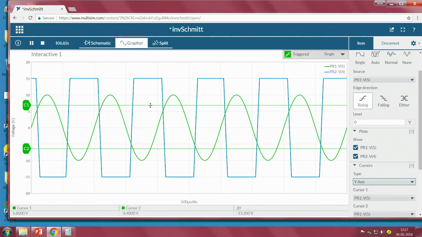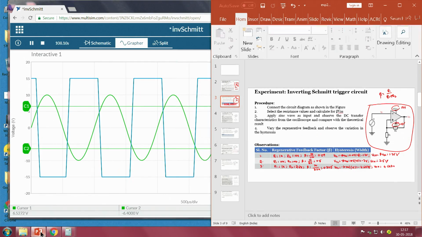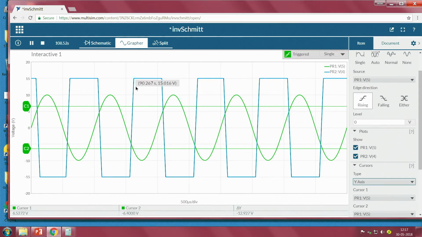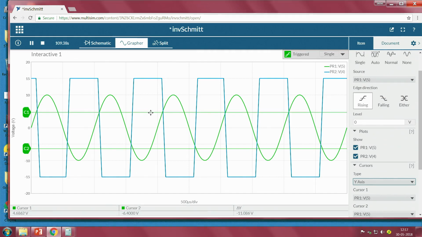So, I will use the y axis cursors, and we can see the thresholds too, 4.6875, yes, 4.68 and minus 4.68. So, this is C1. If you notice here, this C1 is nothing but our higher threshold value.